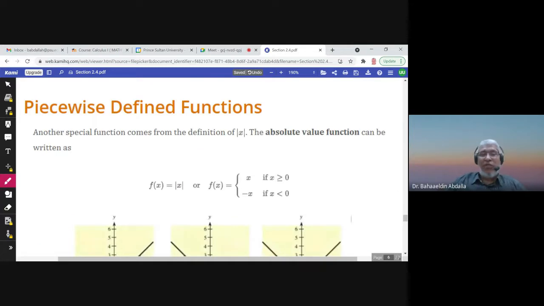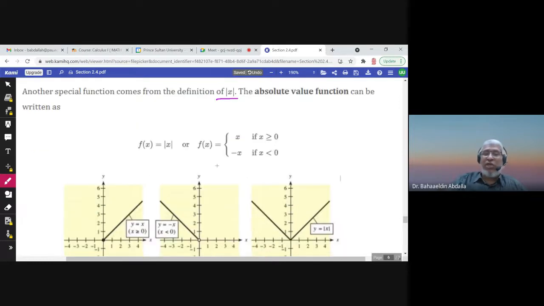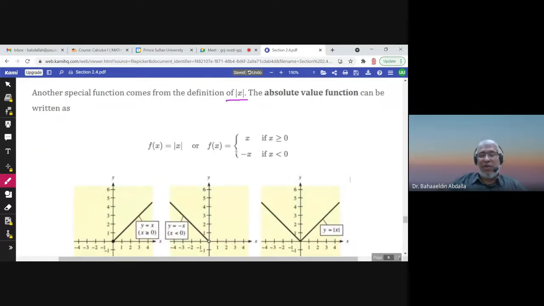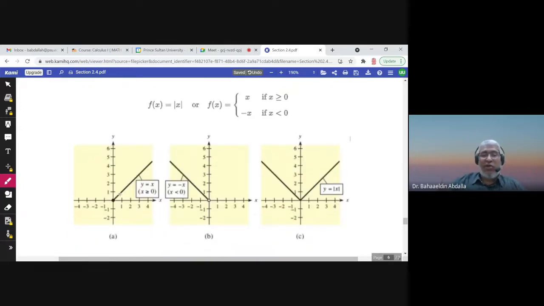Finally, the piecewise functions. Absolute value of x is a piecewise function because it has two pieces. It's x if x is positive, and negative x if x is negative. So if x is positive, then this is the graph. It has part of this graph y equals x.